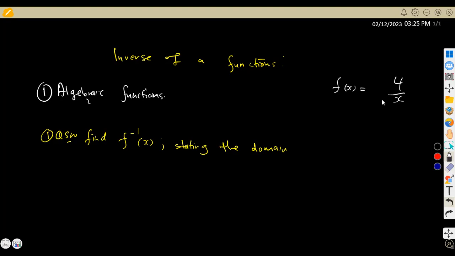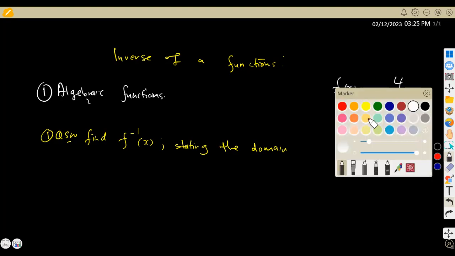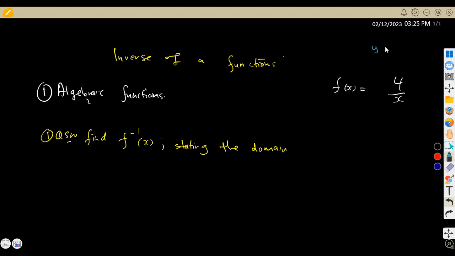We know that we can never have a condition where the denominator x is equal to 0. If you use your calculator and simplify y is equal to 4 over 0, you are going to obtain a maths error. That means this does not exist in maths. We cannot have our denominator being equal to 0.